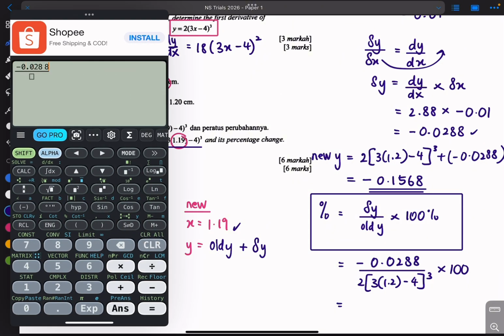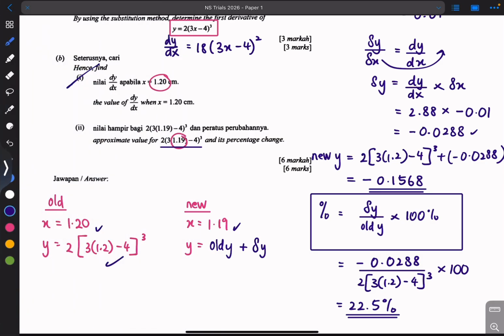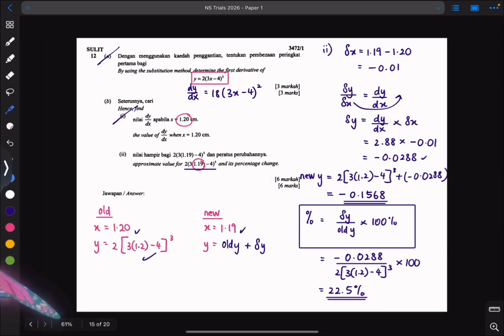Negative 0.0288 over 2 times 3 times 1.2 minus 4 cubed, times 100%. We get 22.5%. So this is the percentage change in y when we change x from 1.2 to 1.19. Done.